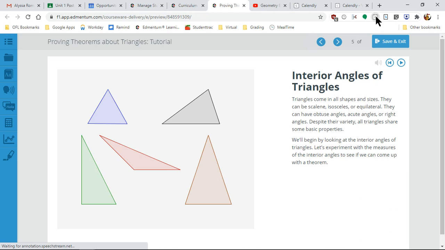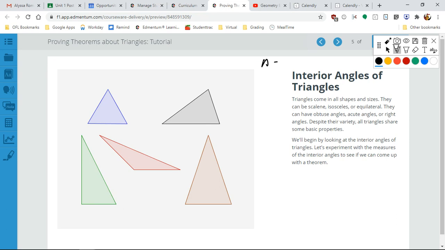If you ever need to know how many degrees of angles a polygon has, all you need to know is the number of sides. It goes by a theorem like this: n minus 2 times 180, where n is the number of sides.